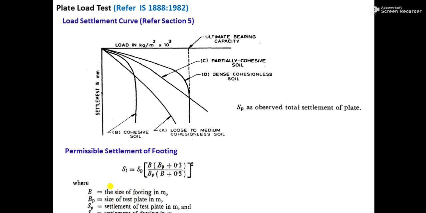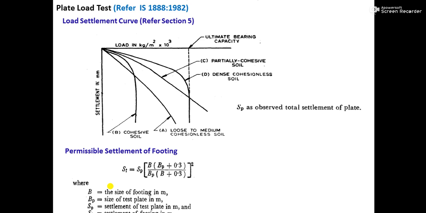You can remember this Indian Standard Code value. This will help you to get every answer correct. You need not worry about whether it will be 30, 300, or something else. You remember 0.3, and if you use 0.3 in the formula, this is where the confusion comes. That's why I am repeating it again and again.